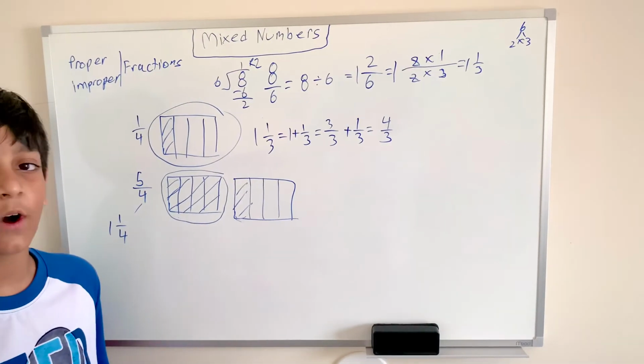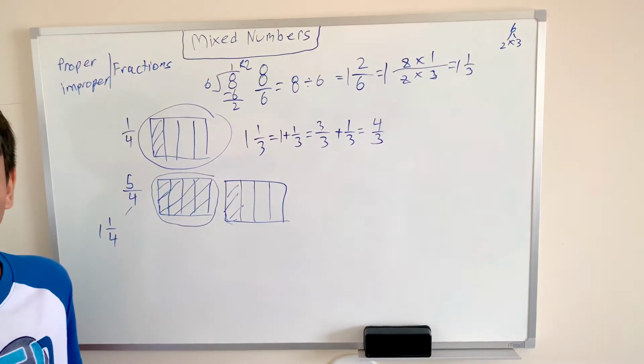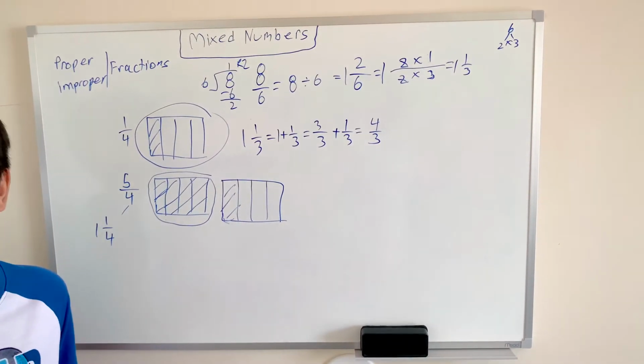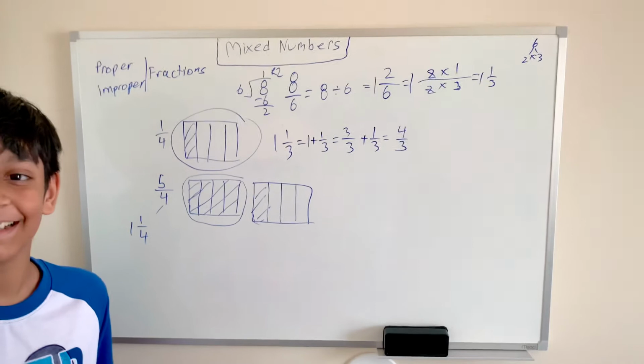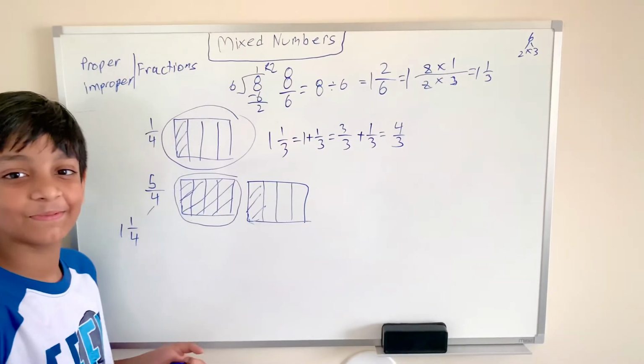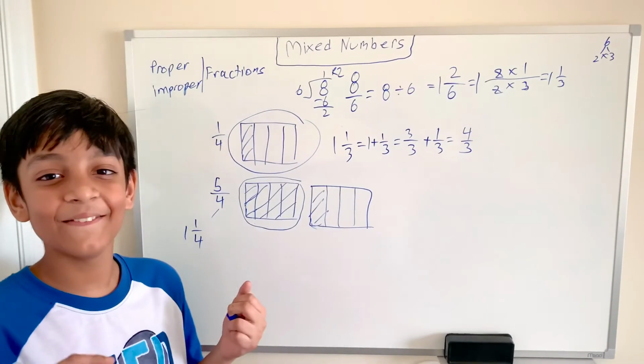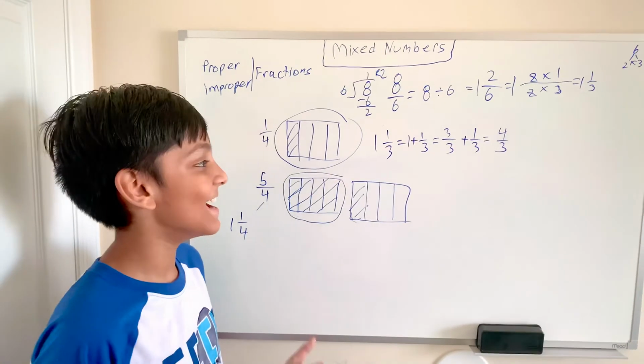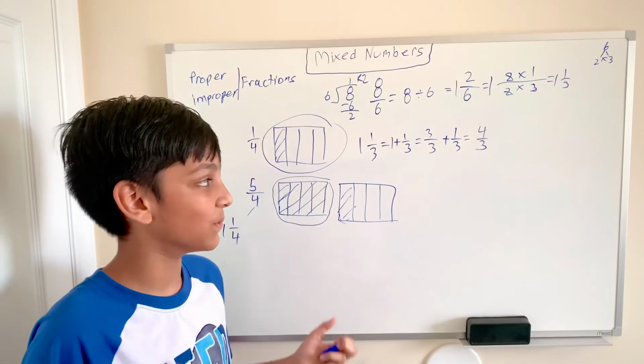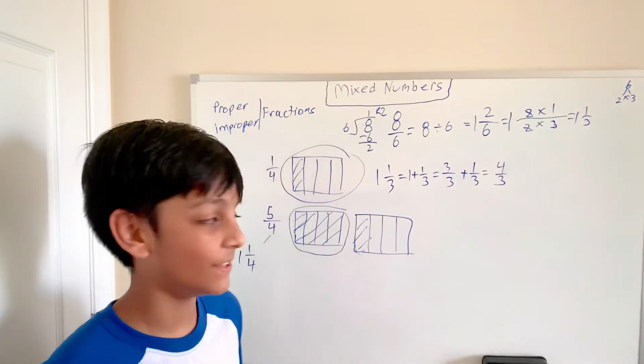Because what if we've got a really, really big number, like 50, and 50 plus 1/3.